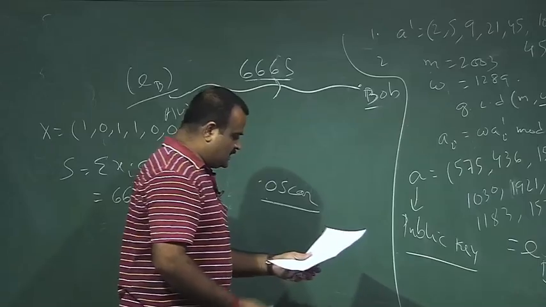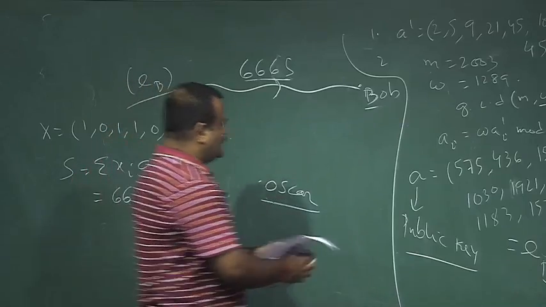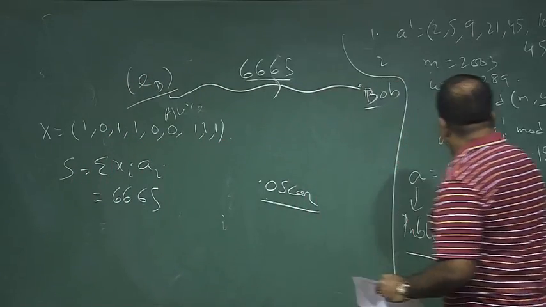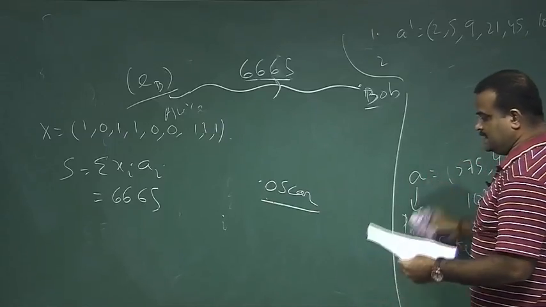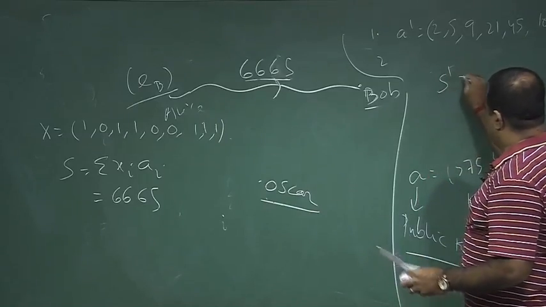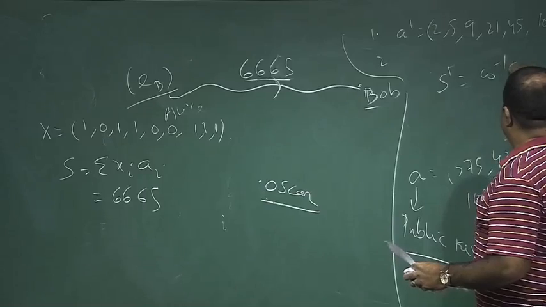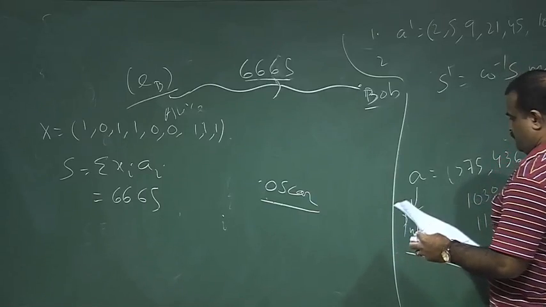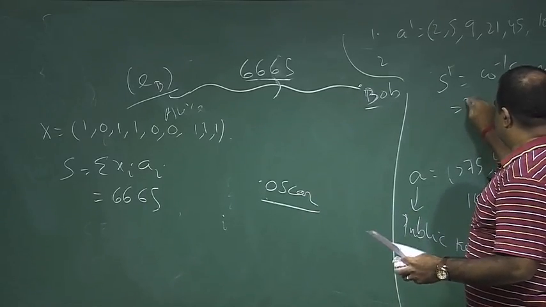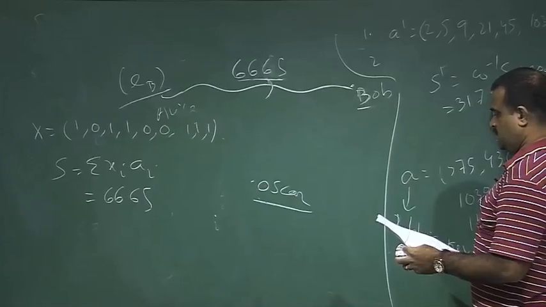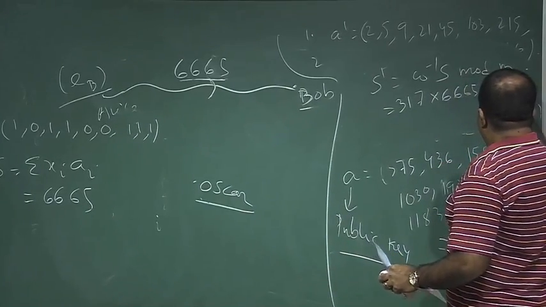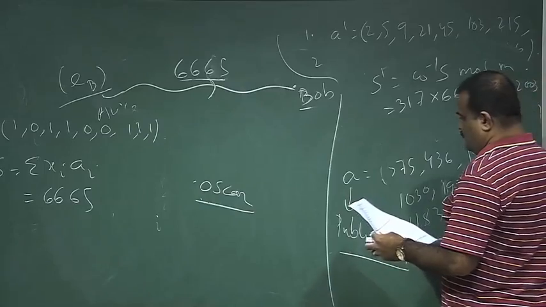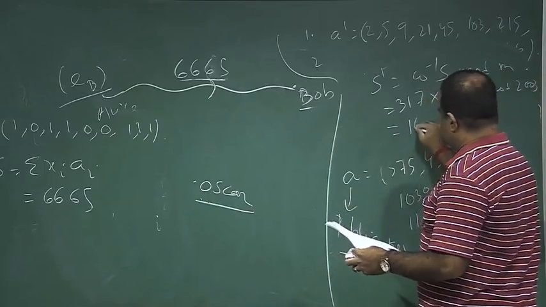Now decryption is just what we have seen. Bob can just apply W inverse S mod M. So this is 317 into 6665 mod M, which gives us 1643.